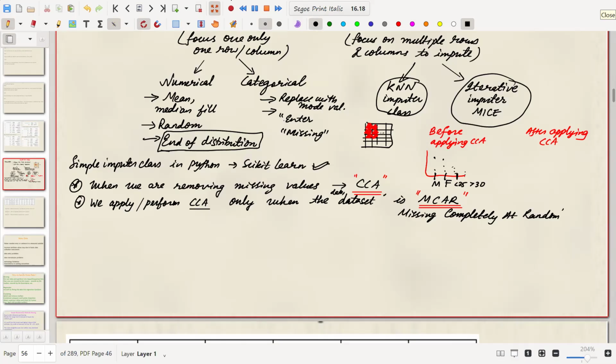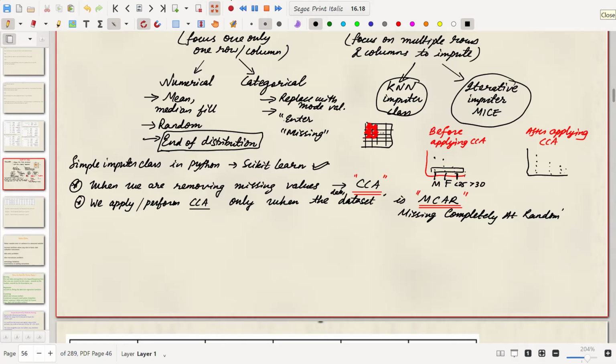Now, when you remove the particular entries of a data set, after applying CCA, what you will see is, if you plot the distribution again, then the distribution should be similar. After applying CCA, if you are getting a similar kind of distribution, not exactly the same, but similar.